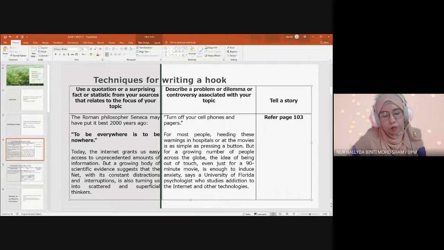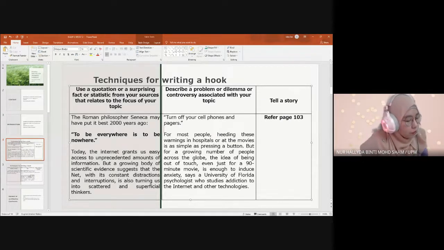So you don't want to right away stress your reader. They are already stressed. Maybe they want to read more about cyberbullying, but they want to at least open the essay with something relaxing, something that they can digest and understand easily. One of the ways is to attract them with a story.